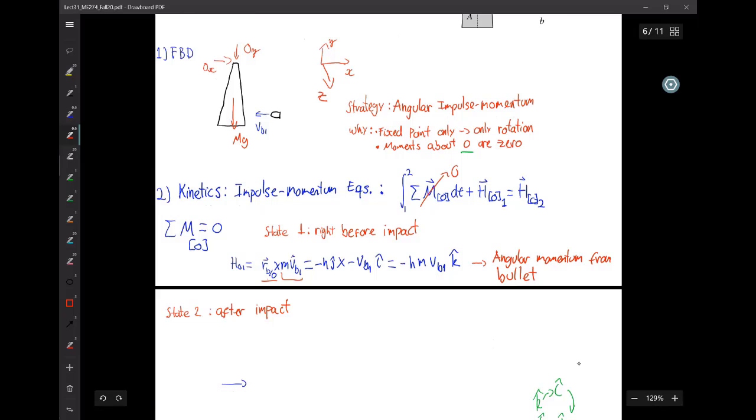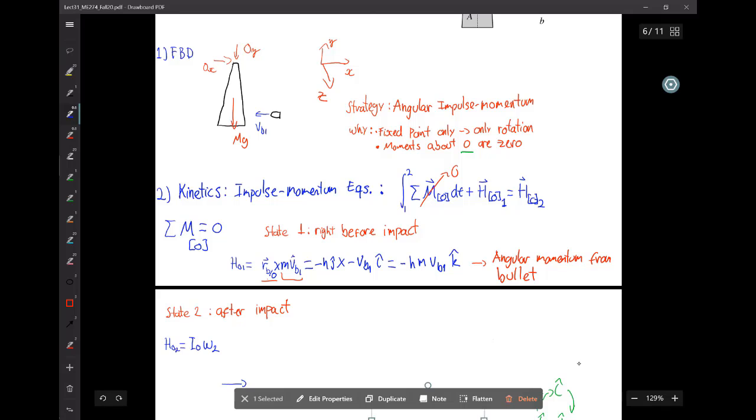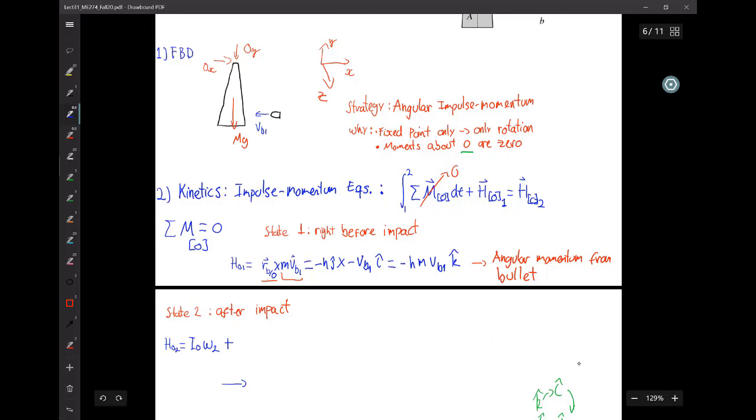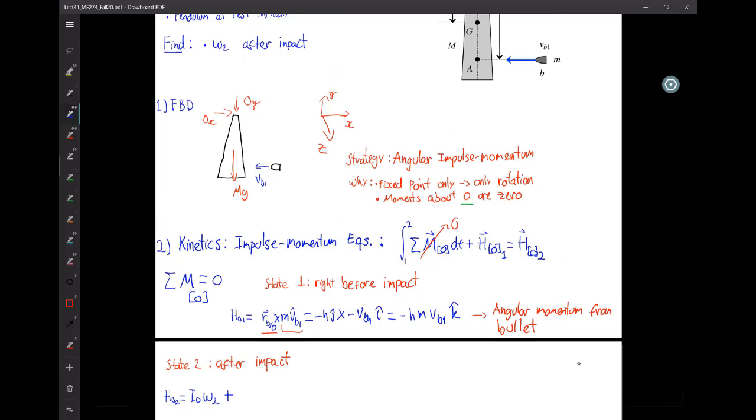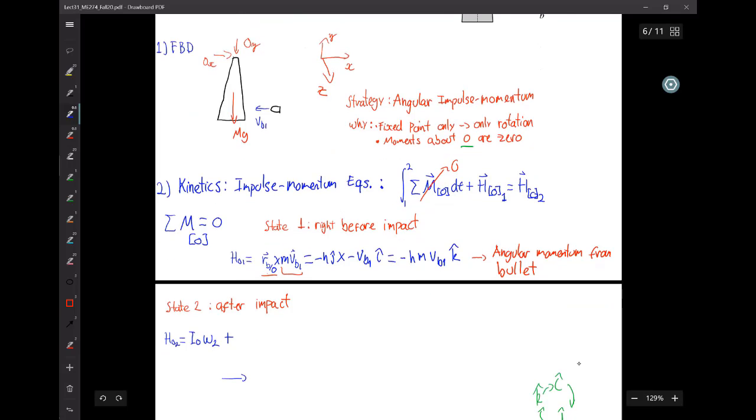So the angular momentum in state 2 is going to be, we said that we're going to use point O for calculating the angular momentum. So the body now is rotating. It has this angular speed. And then we also need to remember that the bullet is embedded into the pendulum.